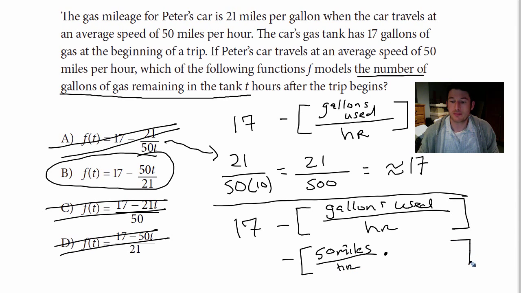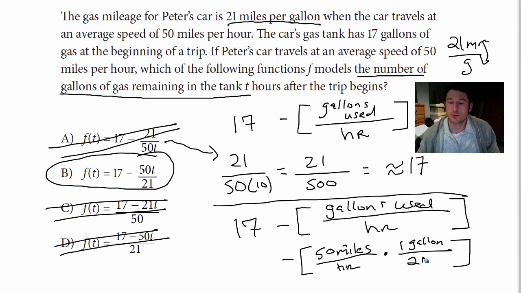And I'm going to multiply by, I want to get gallons on the top. Well, here I've got 21 miles per gallon. So if I wrote that over here, 21 miles per gallon, what's the only problem? Gallons is in the bottom. So we're going to flip it, and we get 1 gallon every 21 miles.